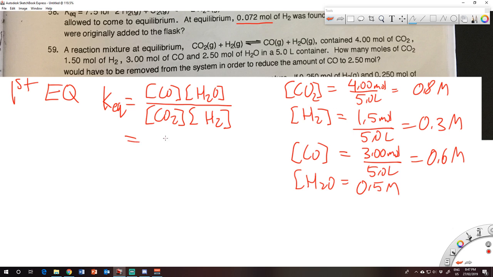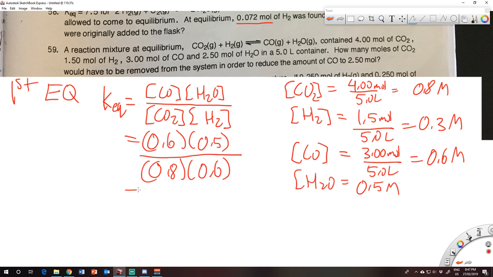All right, throwing this all in here, no squares necessary, so that's good. CO is 0.6, H2O is 0.5, CO2 is 0.8, and H2 is 0.3. Wait, I messed up.